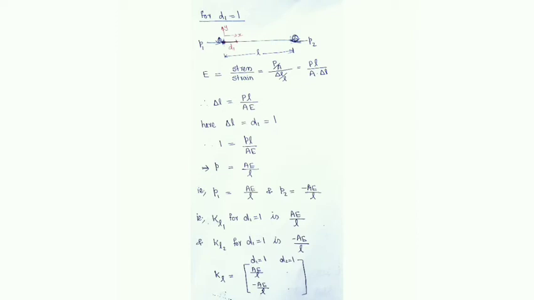Okay, and now we know that the actual length of the member is L. Next we have a relation Young's modulus E is equal to stress by strain, where stress is force by area, that is P by A, and strain is change in length by original length, that is delta L divided by L. So this equation can be rearranged and written as delta L is equal to PL by AE, that is force into length divided by area into Young's modulus E. Here the displacement delta L is equal to d1, which we have assumed as 1, that is delta L equal to d1 equal to 1.